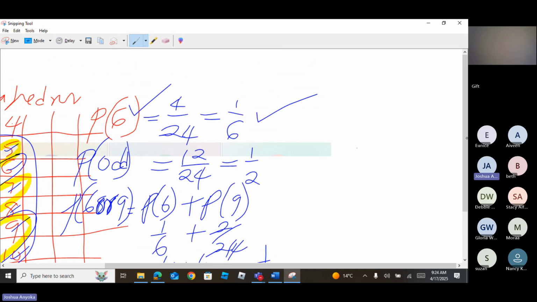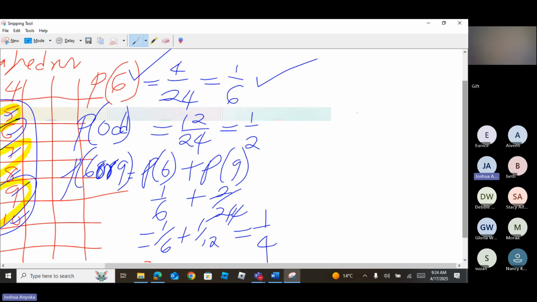Now condition ingine imekuja hapo. If a player wins a game by getting 6 or 9, draw a probability tree diagram to find the probability that he wins at least once when the dice are thrown twice.